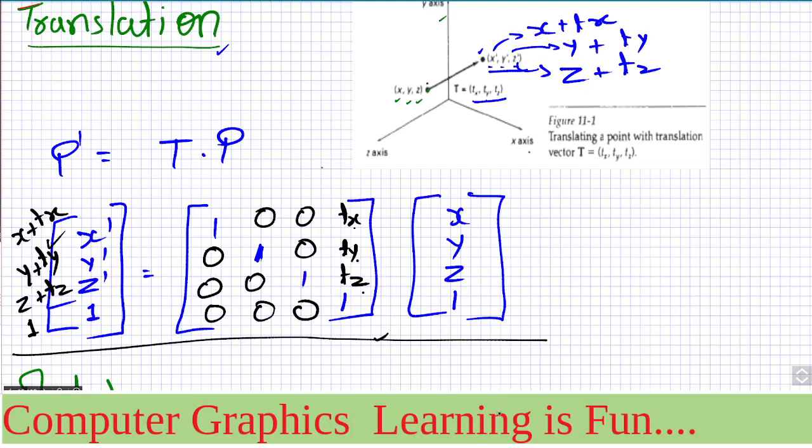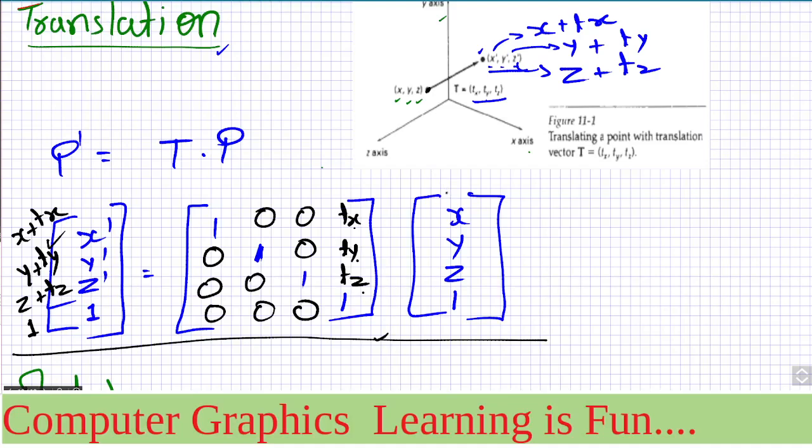Now this was only for a point. Now suppose you have an object and you want to shift it to a new position. Do you think it is possible? Can you shift the whole object from one location to another? Yes, sir. How can we do that?